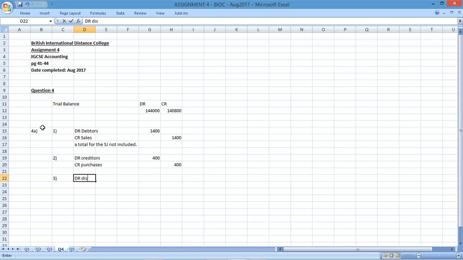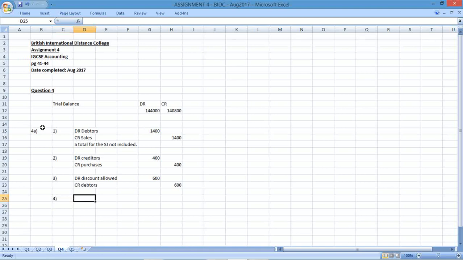So that'll be discount allowed. Discount allowed is an expense, so we would debit that account and we would credit the debtors. And the discount that we didn't record was 600. And that's mistake number 3.